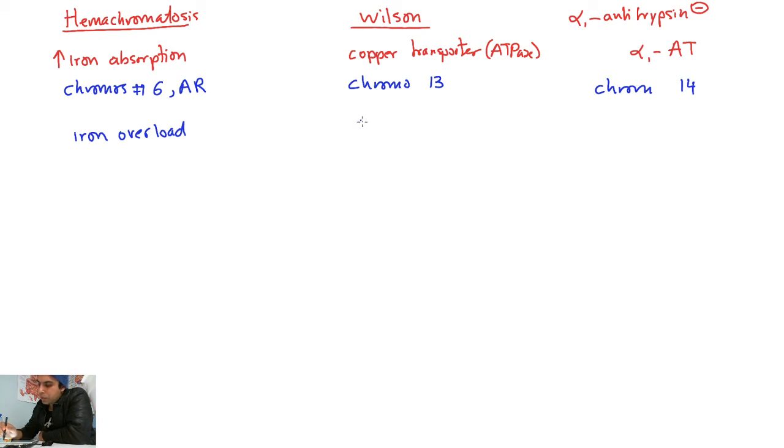In Wilson's disease, what do we have? Copper overload. In antitrypsin deficiency, what do we have? Protease overload. You can think of it that way. That means protease activity is not suppressed. It's super excited. So which protease are we talking about?